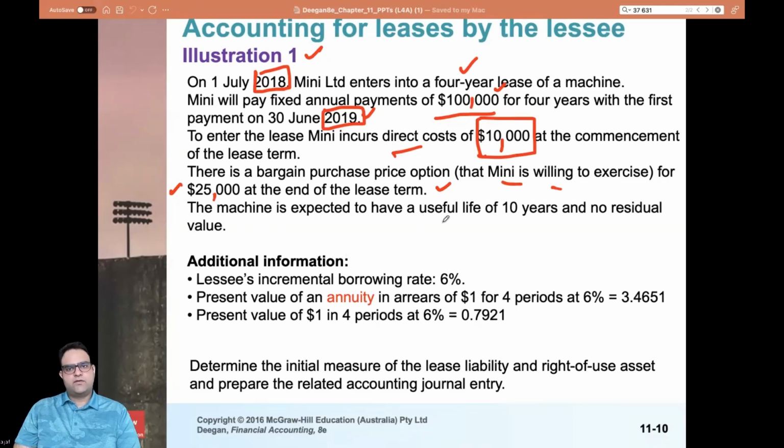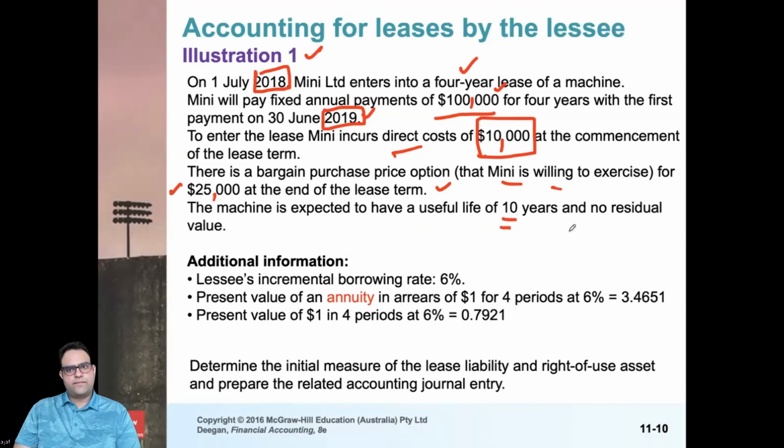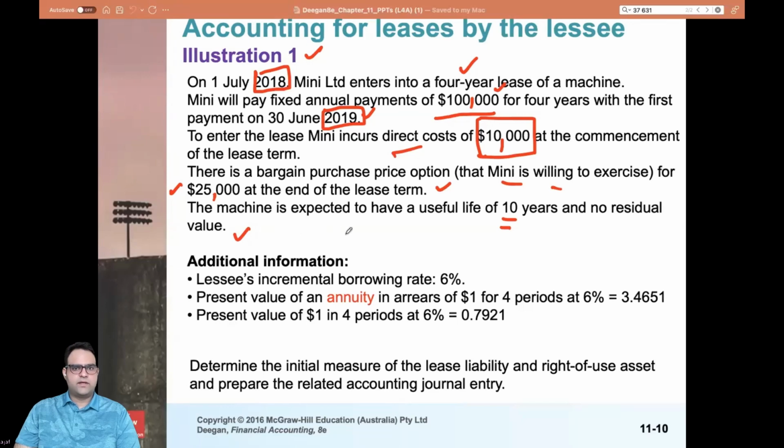The machine is expected to have a useful life of 10 years with no residual value. Residual value here means scrap value, meaning after 10 years it will be completely zero. There will be no scrap value. So these are the few things given in the question.